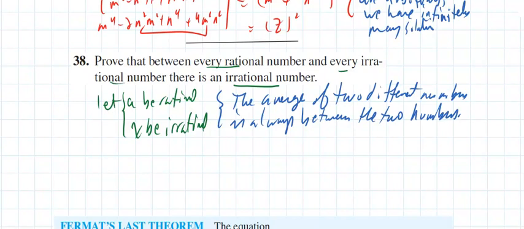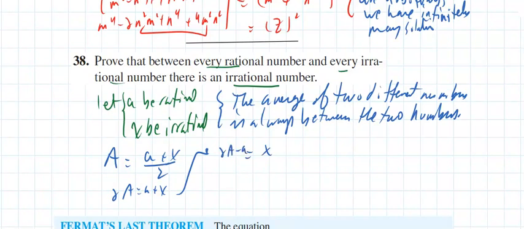So if I take the average to be a plus x divided by 2, and if I cross multiply, wouldn't that mean that x will equal twice the average minus a? Well, let's think about this really quick. Since x is irrational, this has to be irrational.